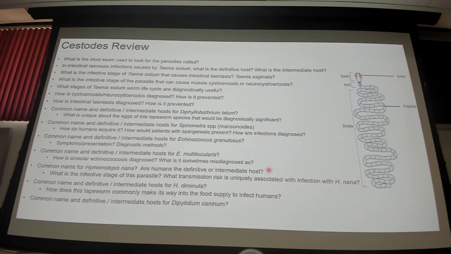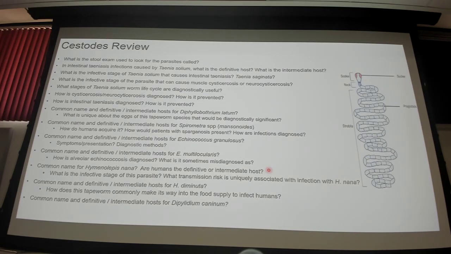Common name for Dipylidium caninum. So the last one, the rat tapeworm, is Hymenolepis diminuta, but Dipylidium caninum is commonly known as the flea tapeworm. Very good. Okay. And the flea is what? Definitive or intermediate? Intermediate. Yeah. Okay. What's the definitive host for the flea tapeworm, Dipylidium caninum? Dogs and cats, exactly.